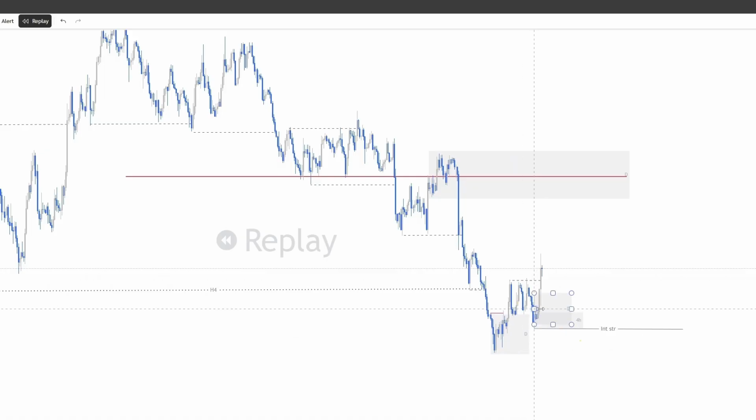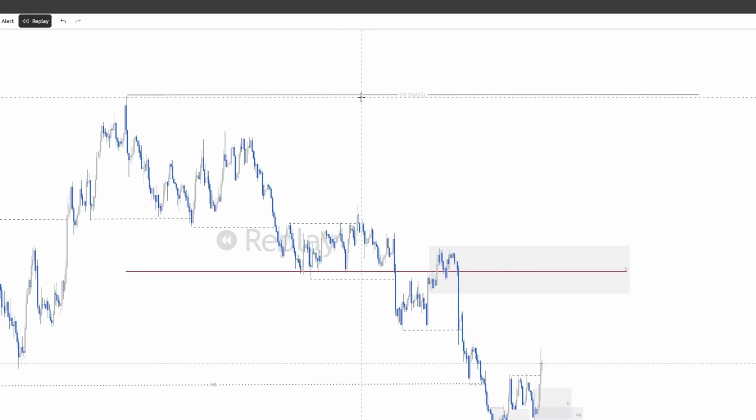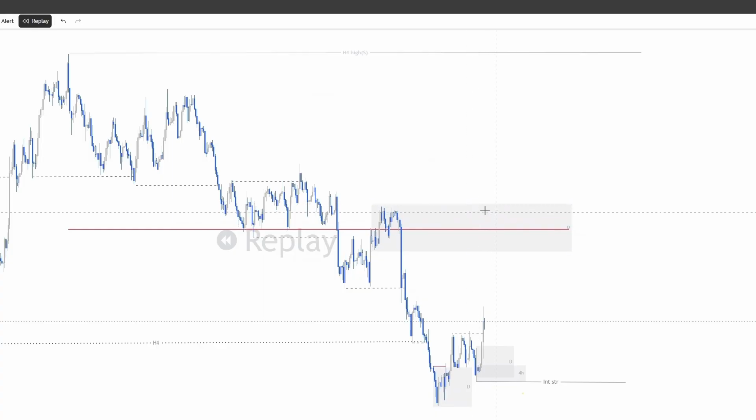And I had my daily demand zone drawn. So I'm expecting price to pull back into this daily demand zone. Then I should be looking for short buys, even though we are in a downtrend, which means price will move up again, but I don't expect price to take out this high. I expect price to move into here, maybe into the middle of here, then begin to pull back down.